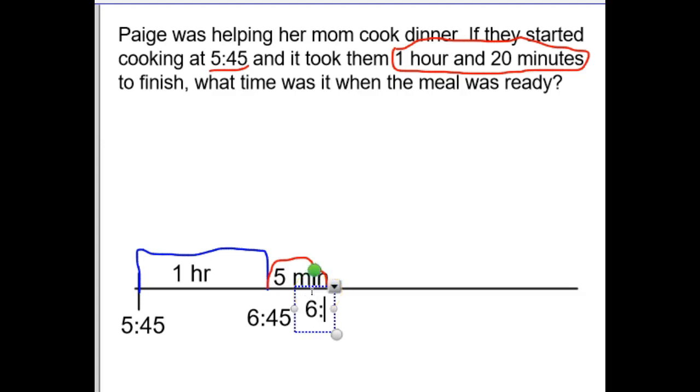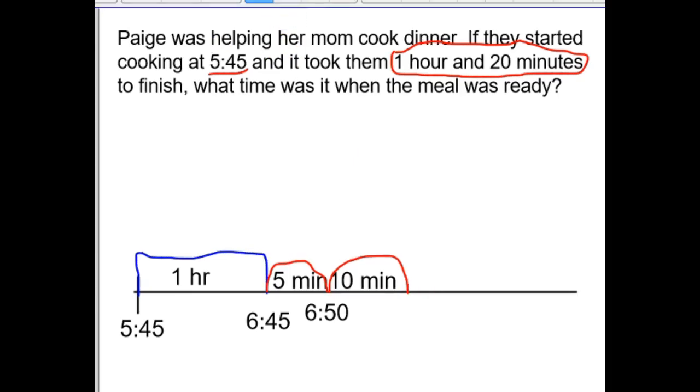And then I always have to remember, can't forget that there's only 60 minutes in the hour. So if I add another 10 minutes, well, I'll have to go to my next hour. So let me go ahead and add that 10 minutes in. And so now the time will be 7 o'clock.